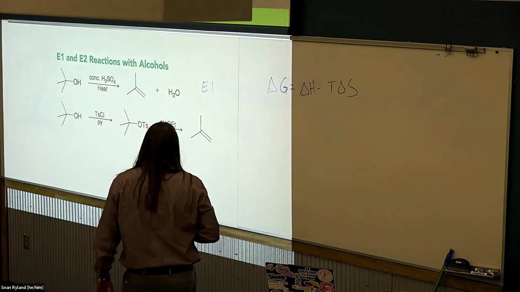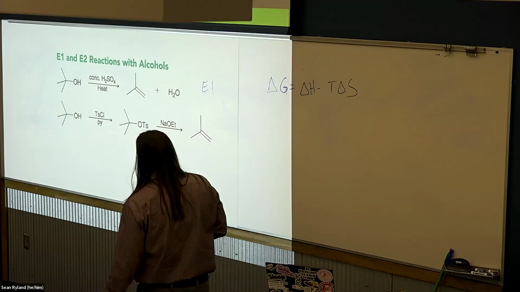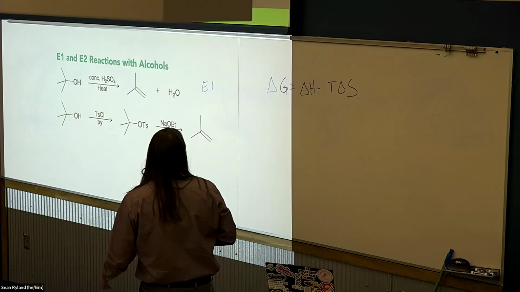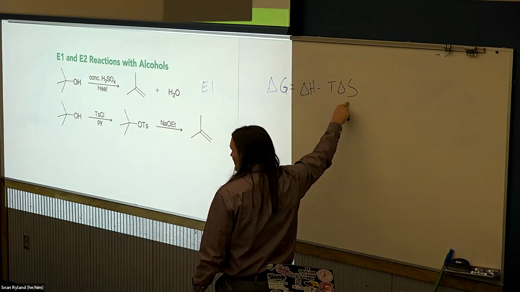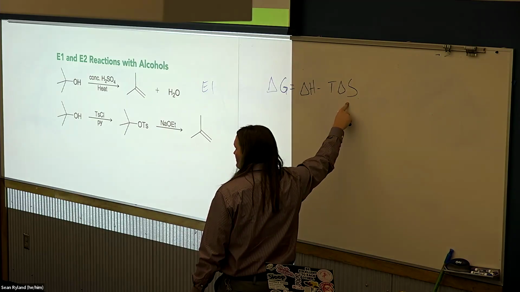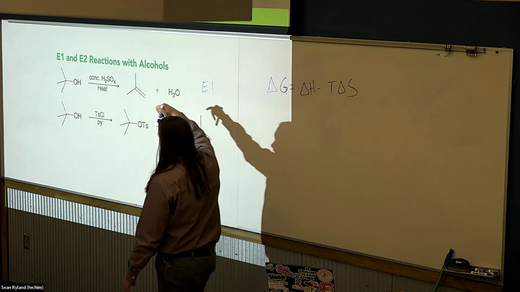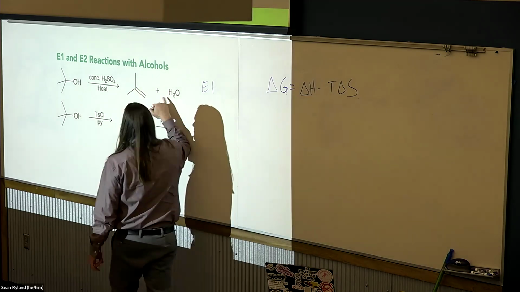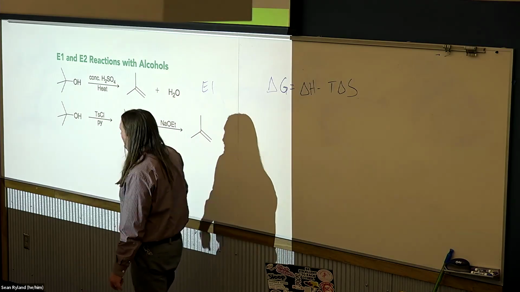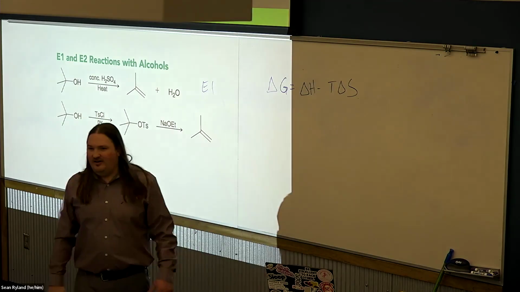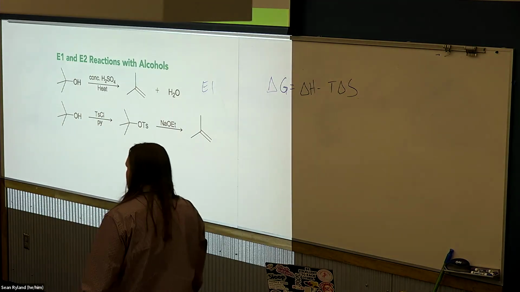So this is one of the ones where we can control which side of the equilibrium reaction we favor by just changing the temperature, because higher temperature makes the entropy more important. So we have to do this with heat, because we're going to get two different products here. So entropy favors the right-hand side, so heat favors the right-hand side.